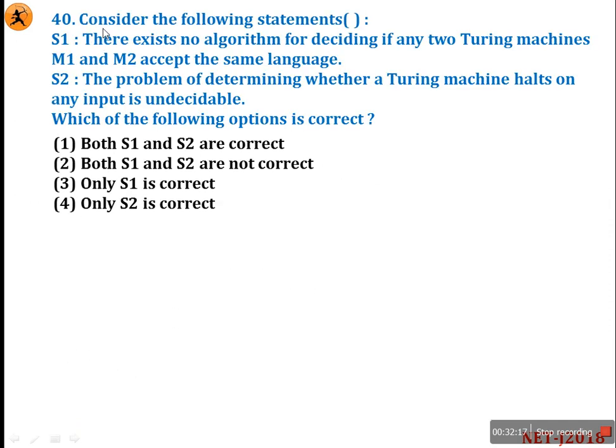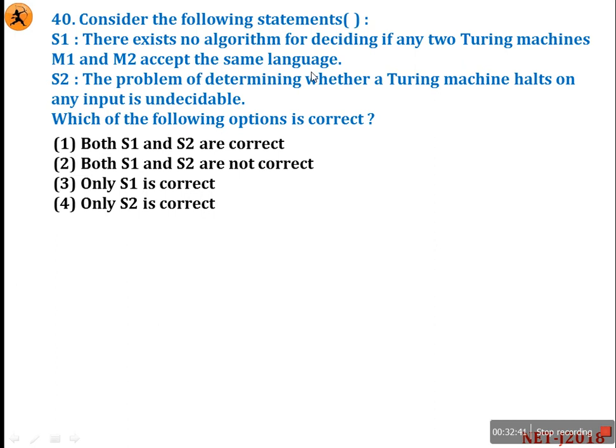Okay, last question. Consider the following statements. There exists no algorithm for deciding if any two Turing machines M1 and M2 accept the same language. Obviously, even today, even with the fastest supercomputer, there is still no algorithm to decide whether two machines accept the same language.